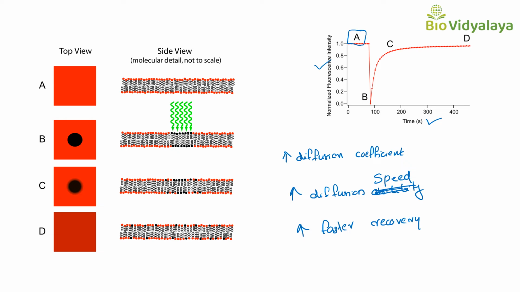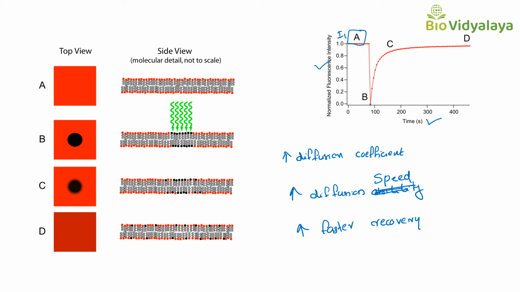The intensity is 1. And here you can see that after photobleaching, the fluorescent intensity becomes minimum. Here it is approximately 0 only.